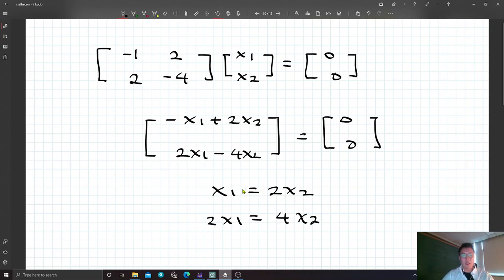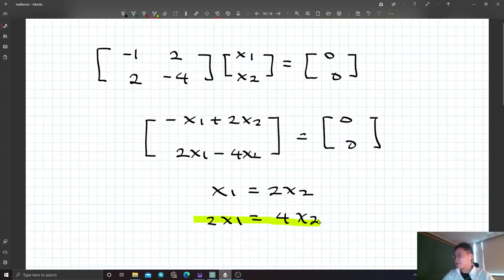Now you can easily verify that the second equation is just a multiplication, a linear combination of the first. So one equation is just a duplicate of the other, so one equation is redundant.